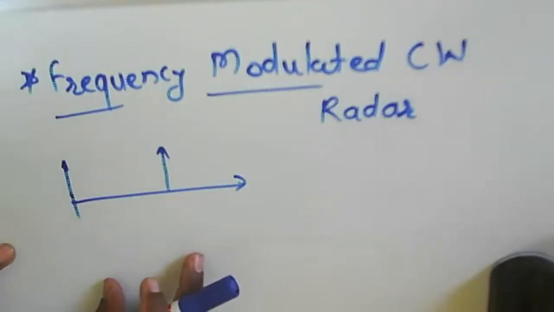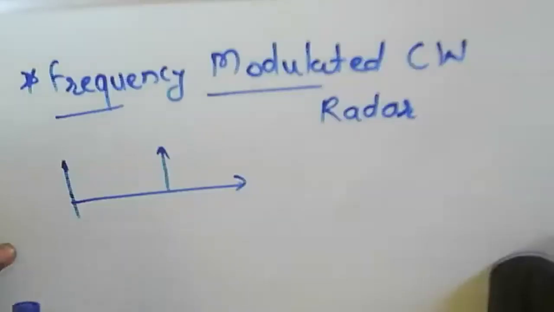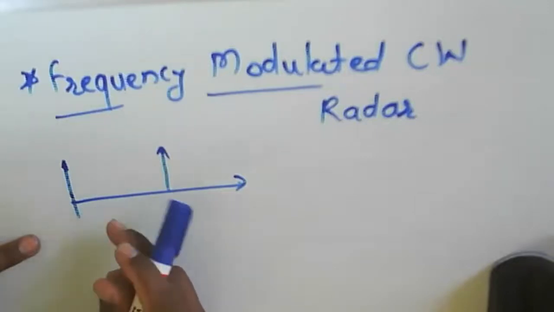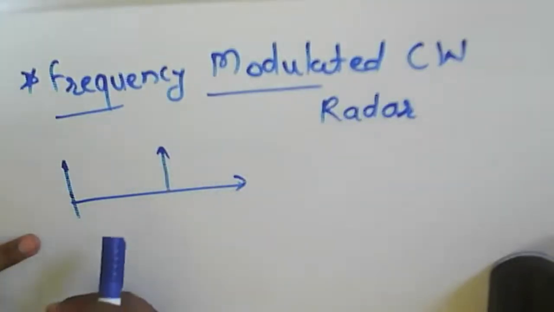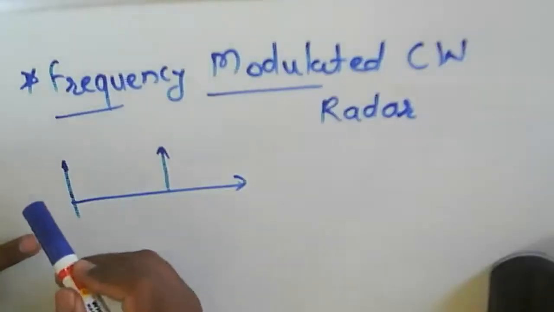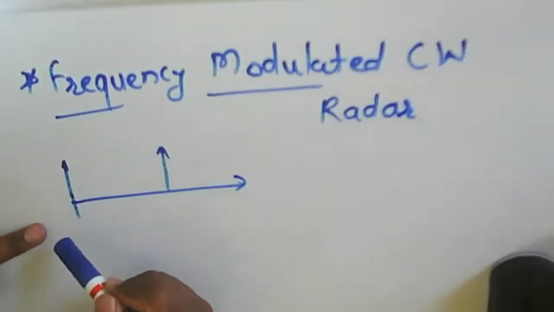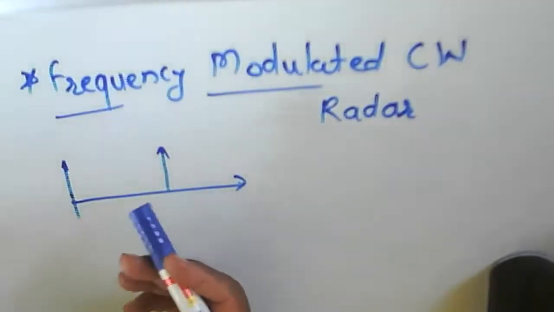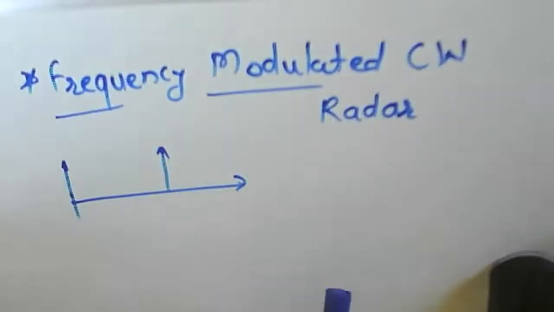So in that case, we must apply a timing mark to the transmitted signal so that the echo signal will be received properly. At what time your signal is to be transmitted and at what time there will be a return echo, and that return echo is to be identified.